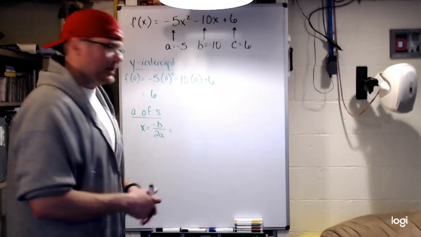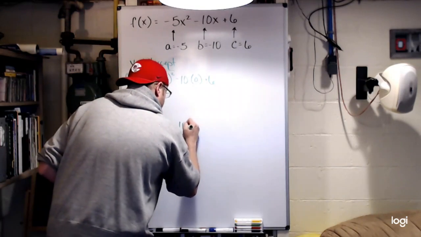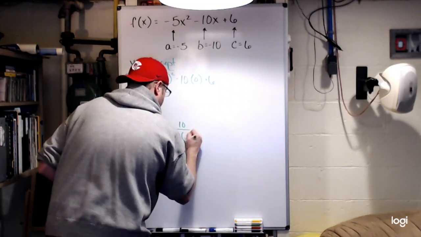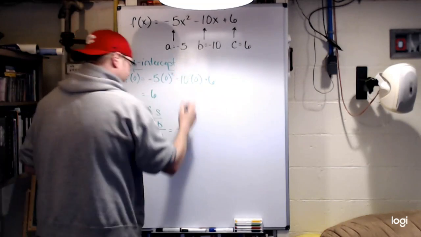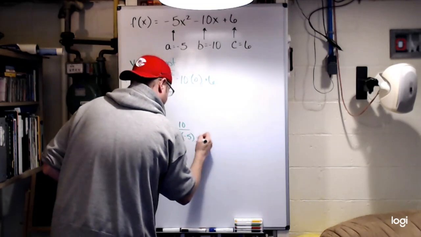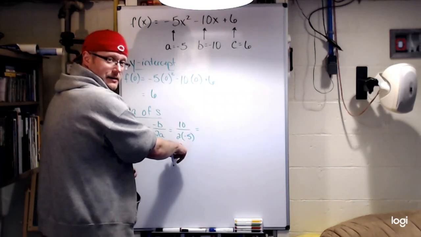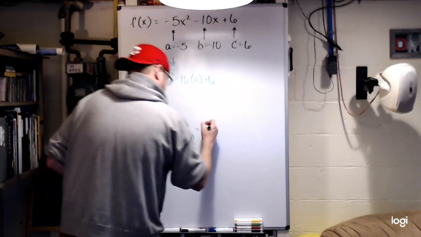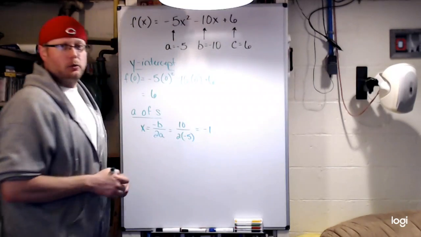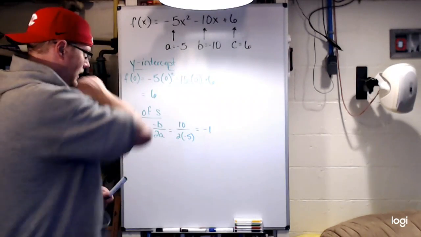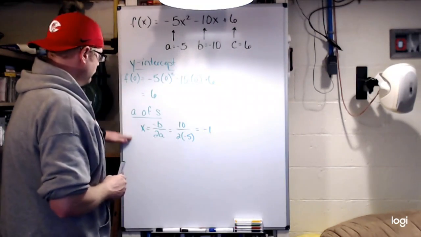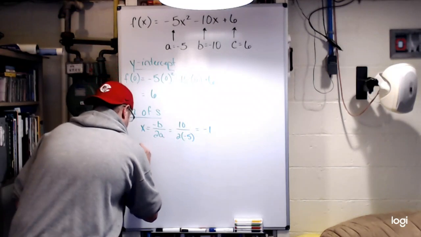The signs will flip. So we get 10 over 2 times a, 2 times negative 5. That'll give us 10 divided by negative 10, which is negative 1. If we simplify that, last is our vertex.